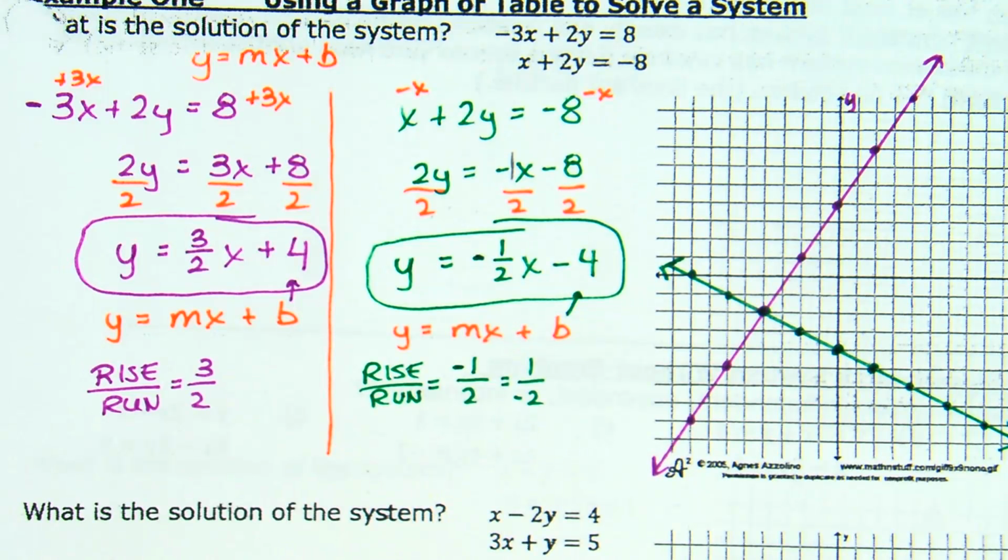Which is why, did you notice, did yours happen to have a point land on top of a point? Is there any guesswork about where these lines intersect? Where these lines cross? No. If you did this right, a point lands on top of a point, which means I'm not guessing. I'm not saying, oh, it looks like it's about right there.